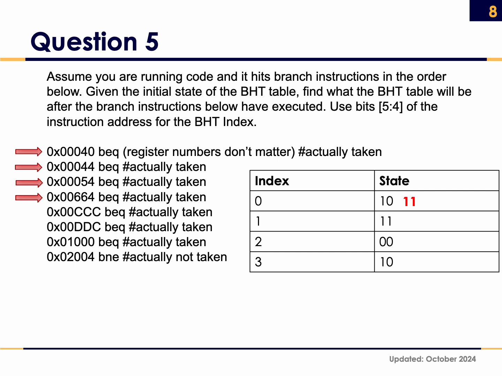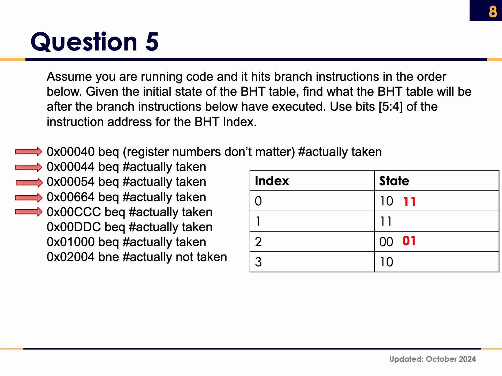So in state 2, we update it to 0, 1 by adding 1 to that state machine. So as you can tell, this will still predict not taken on the next cycle, no matter what. So it's also important to know that if the most significant bit is 0, it will always predict not taken. If the most significant bit is 1 in this instance, it will predict taken.